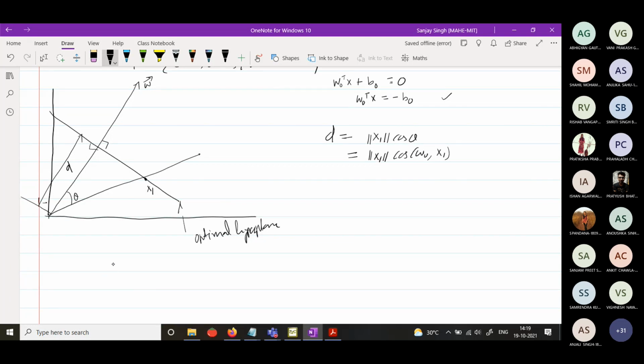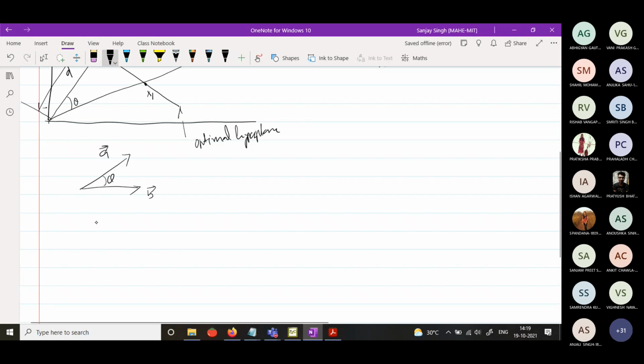I don't know whether you really remember or not. Let's say there is a theta, you call this vector A and this vector B. Normally, how do we find the cosine of the angle between them? We write A dot B equals magnitude of A, magnitude of B, cos of theta, or cos of theta equals the inner product of A and B over the magnitudes in the denominator.